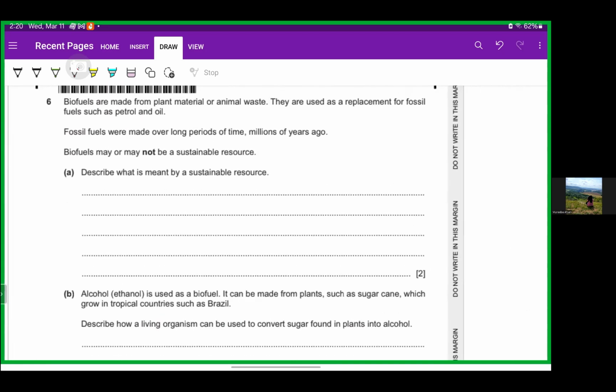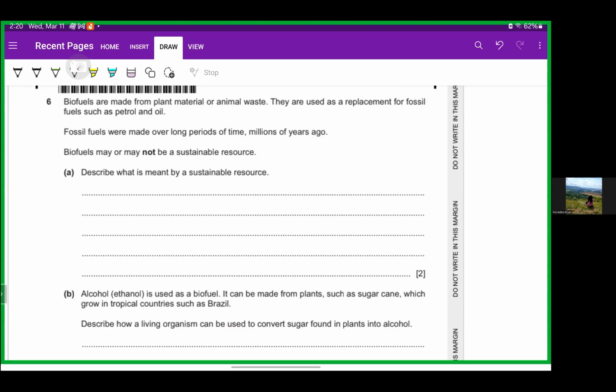Question number 6 says that biofuels are made from plant material or animal waste. They are used as a replacement for the fossil fuels such as petrol and oil. Fossil fuels were made over a longer period of time, millions of years ago. Biofuels may or may not be a sustainable resource. So describe what is meant by a sustainable resource.